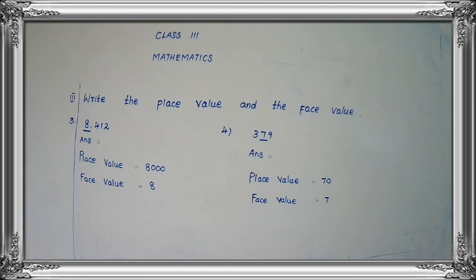So you write 8 tens, that is 80. The first is 8,000 and the other box is 8 tens. Is it same or different? Different. So you write different in the green box.